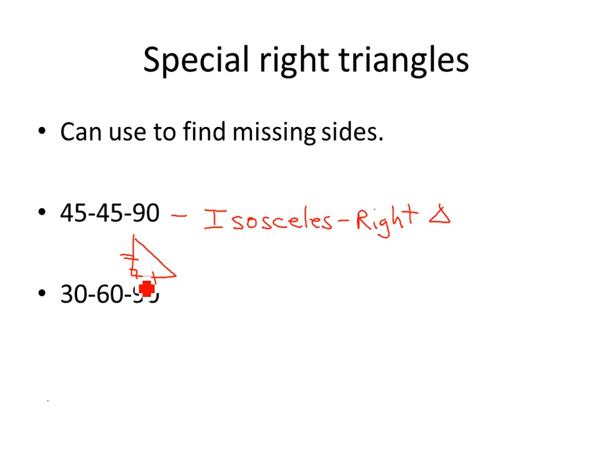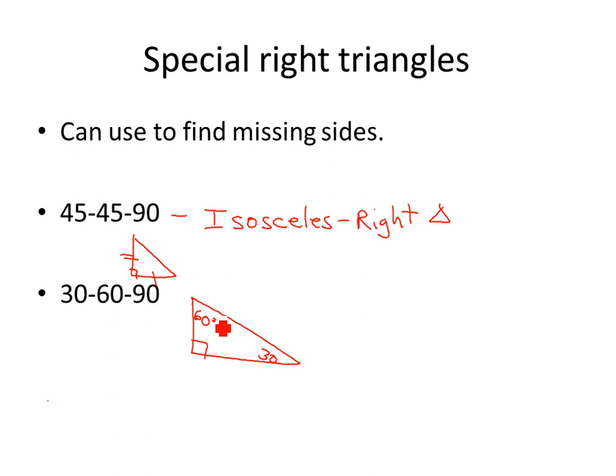30, 60, 90 triangle, you really don't have to draw this. That's the right triangle. Scalene. It's going to be like this, and you're correct, it would be scalene. It's going to have a 30-degree angle, a 60-degree angle, and a 90-degree angle. Now, what's special about these is we've been dealing with setting up proportions and matching everything up.